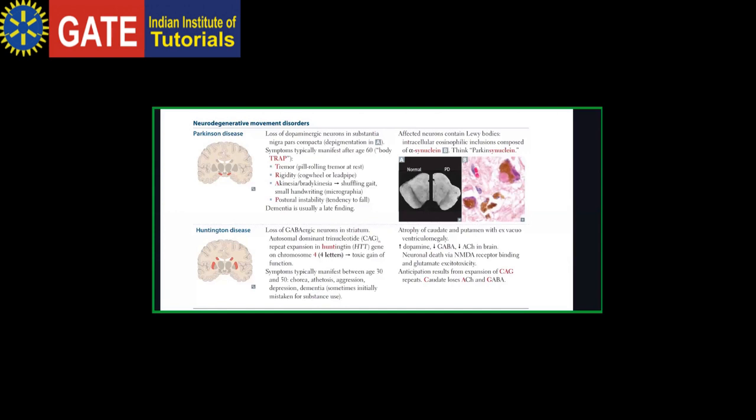But with multiple system atrophy, you have the spasticity and the rigidity, because the UMN involvement is spasticity, and multiple system atrophy is basically the cortex. So they do have a little bit of spasticity. Progressive supranuclear palsy will have the supranuclear palsy, but that won't be there in multiple system atrophy, and they can involve your ninth and 10th nerve.